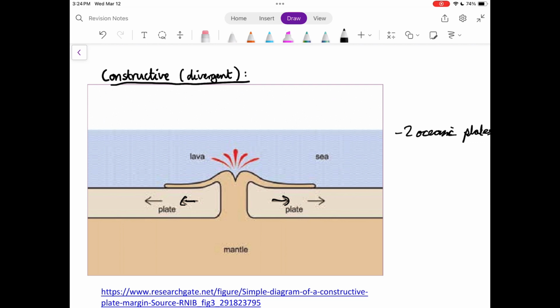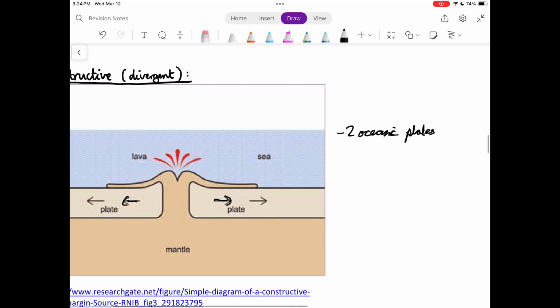So these red dashes here, this is the magma being exposed, and this allows the magma to erupt into a volcano, so it'll come out as lava. So at this plate boundary, both earthquakes and volcanoes can occur.